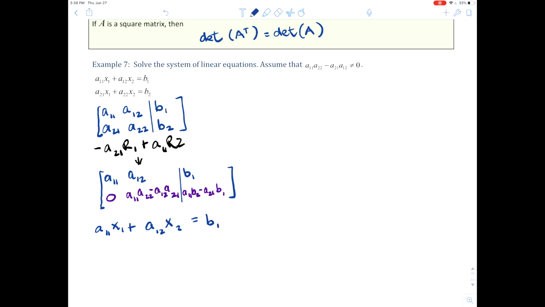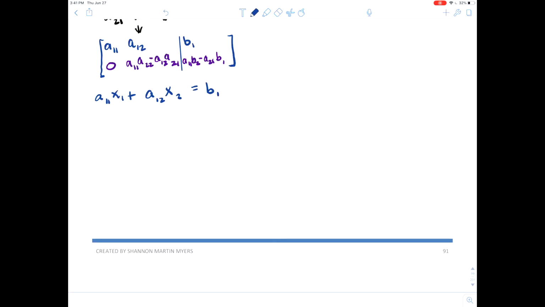And then the second one will have the quantity A11 times A22 minus A12 A21, times x2, equal to A11 B2 minus A21 B1. Good so far?